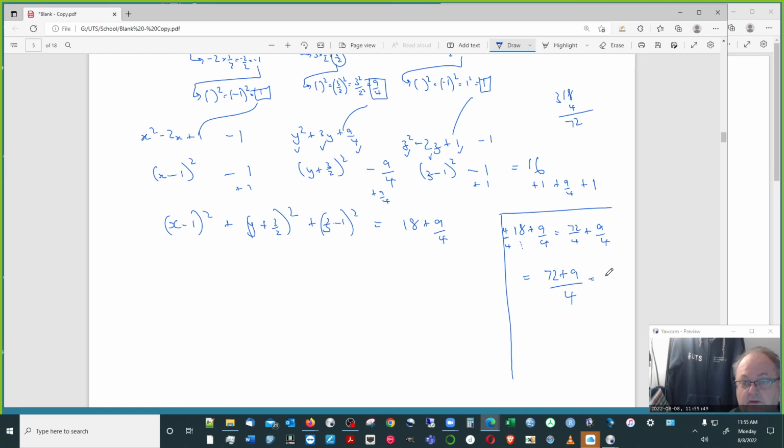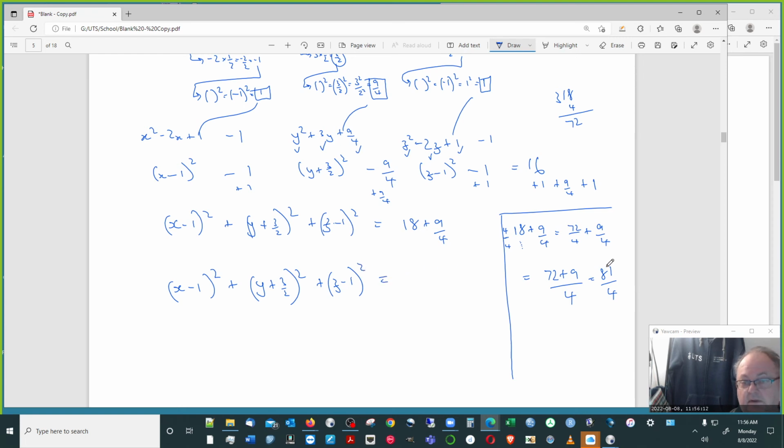And so, correct me if I'm wrong, but that's 81. Now that's got a square root thing happening to it, isn't it? So that's handy. So what we've got is x minus 1 plus y plus 3 on 2. Now did you all pick this up? Is this relevant?